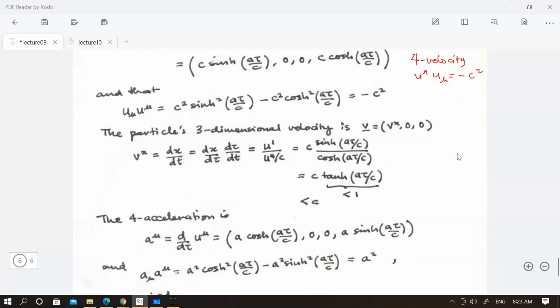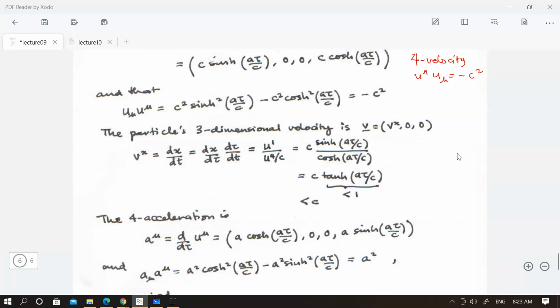And your three-dimensional velocity is given by this. You can essentially replace this in terms of your time coordinate if you want, but then you can use your chain rule, and you actually know what this is. u1 is coming from the one before, and then u4 is coming from your quotient. So essentially what you have is c hyperbolic tangent, a function of a tau over c.